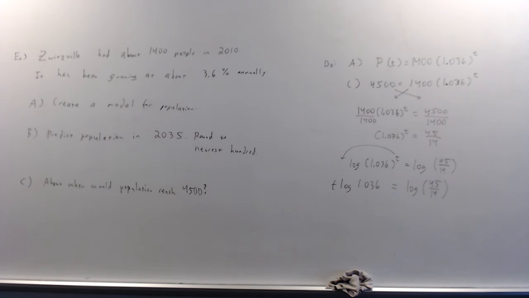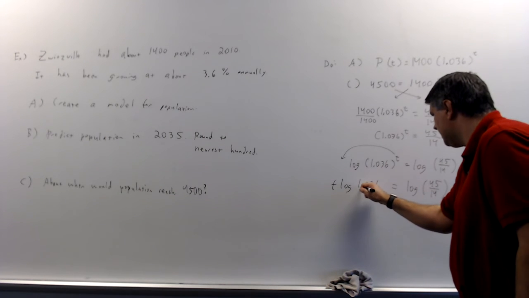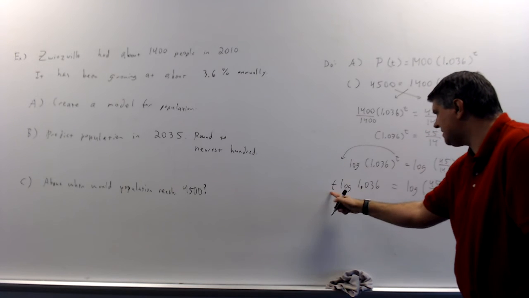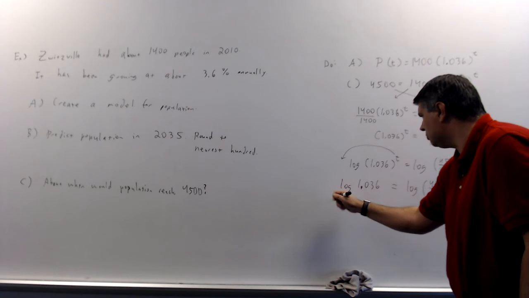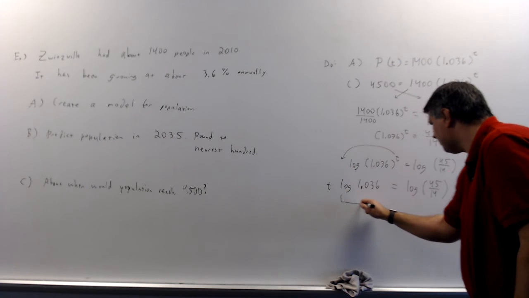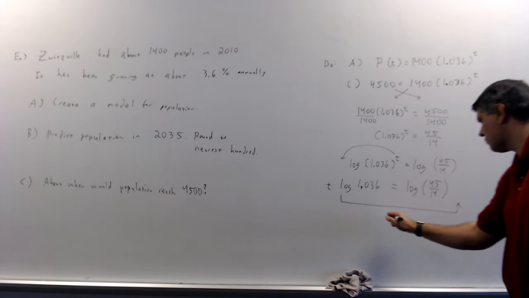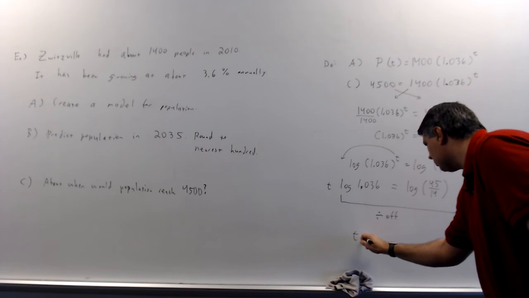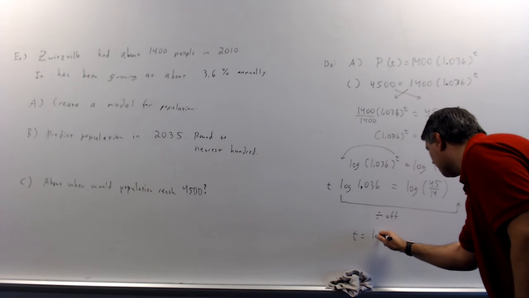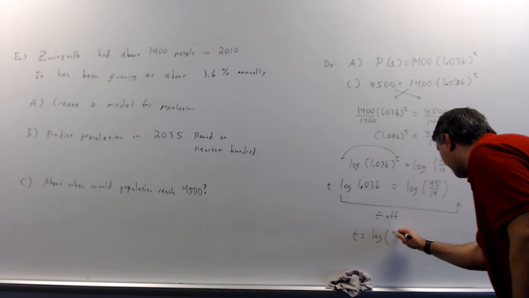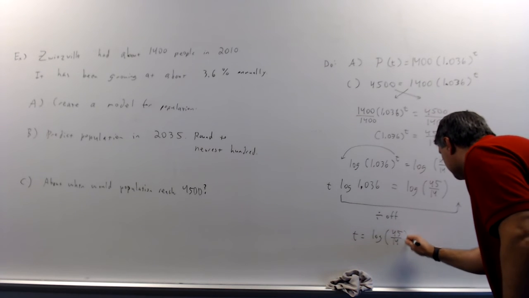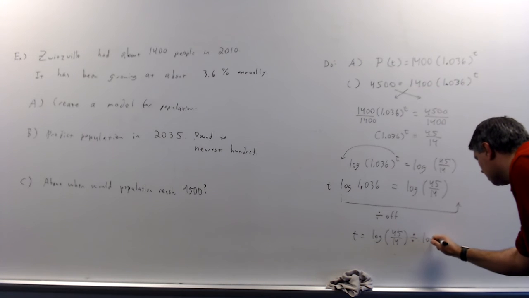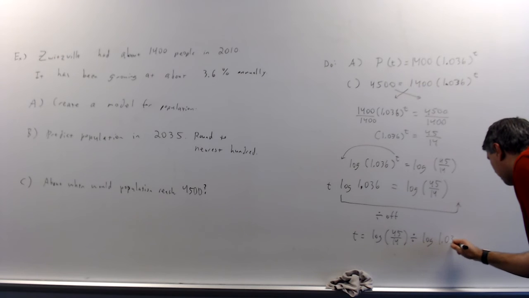Now the next thing I'm going to do is divide off that logarithm, because this is t times that log. So I propose to simply divide it off. So t equals log of 45/14 divided by the log of 1.036.